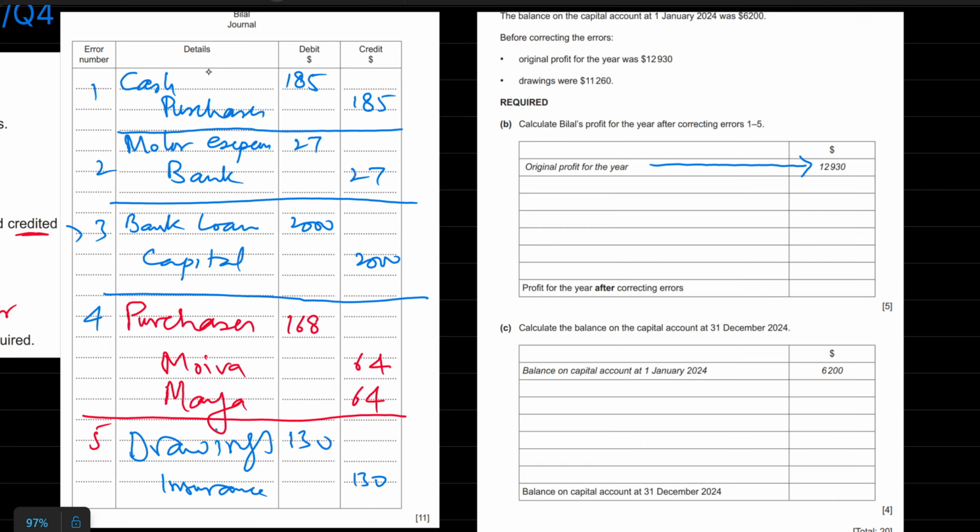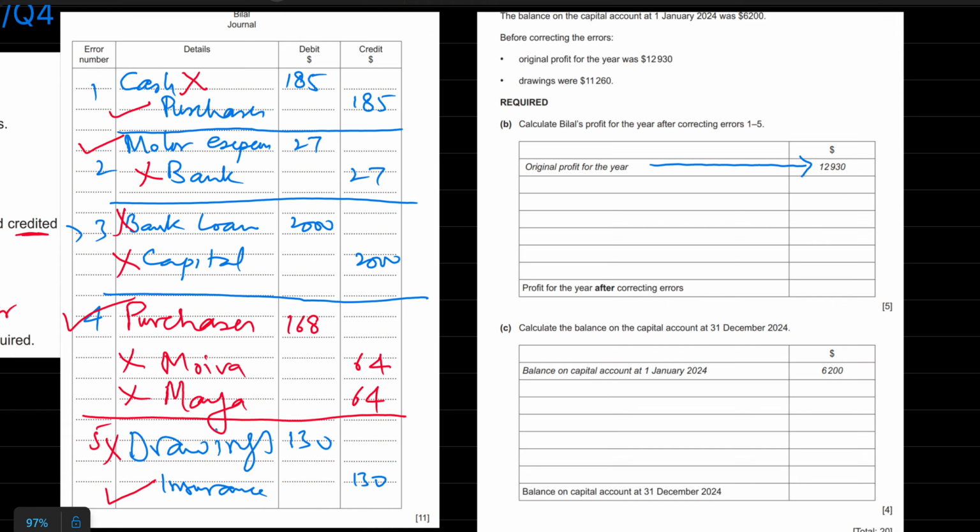As we already know, cash is not recorded in the income statement, purchases is, motor expenses are recorded, not bank loan, not capital, yes purchases, not Moira, not Maya, not drawings, yes insurance. So students, I have marked a tick for the accounts which appear in the income statement.